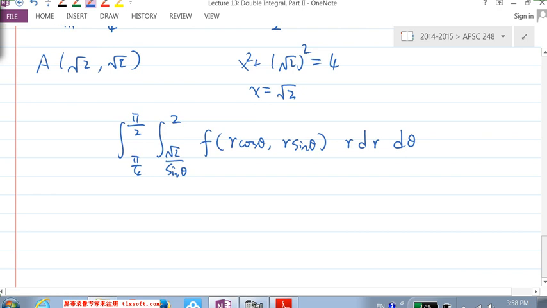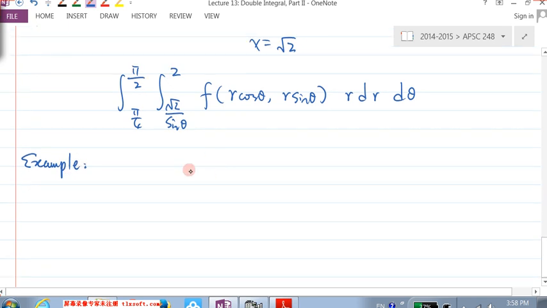Okay? So let's try that difficult question that we couldn't solve using Cartesian coordinates, and let's see if we can solve that using polar coordinates. Okay, so here is region R from the previous lecture.